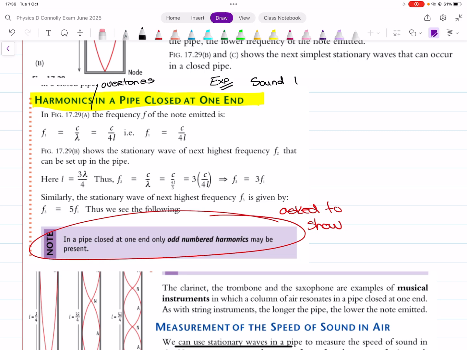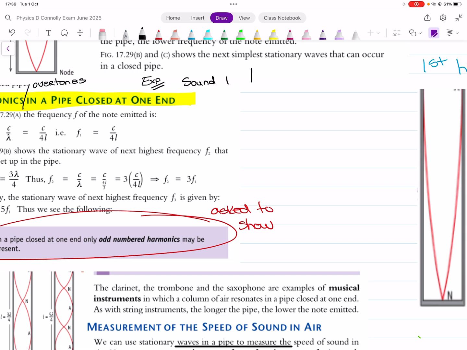Okay, so what we use for this experiment is a tube open at both ends. And then what we do is we put the tube into a container of water. So this is water. And that closes the pipe at one end.